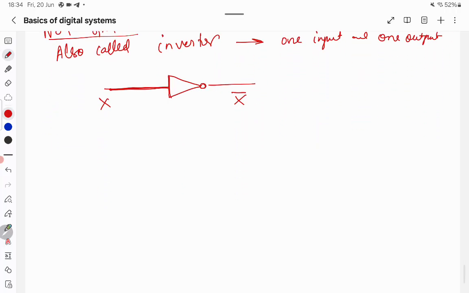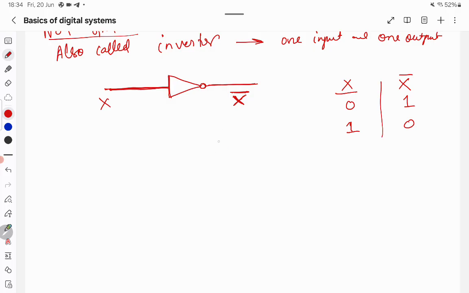But for the NOT gate we can pass only one input and one output is obtained. So what will be the truth table? The truth table is like this: X, and the output is not X. We can give X as 0 or 1. So this will be 1, this will be 0.